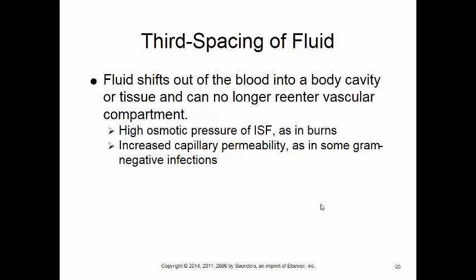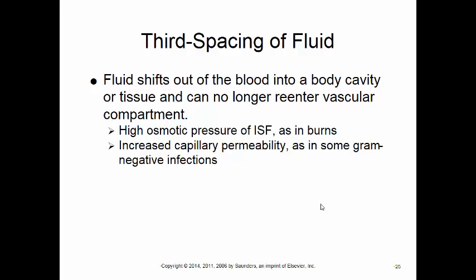So the fluid has shifted out of the blood vessels into a compartment. This is different than edema because edema is inside those tissues in the interstitial fluid. This is where it's more into a body cavity. So it's third spacing. That's what it's called.